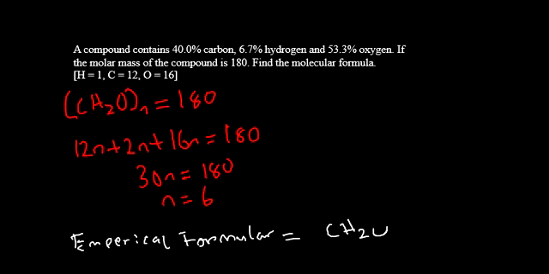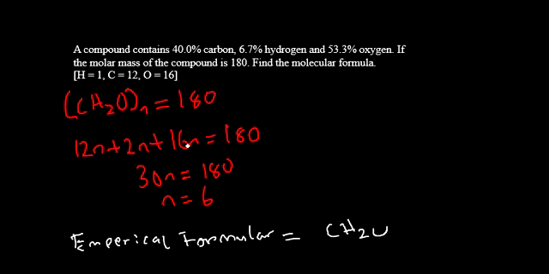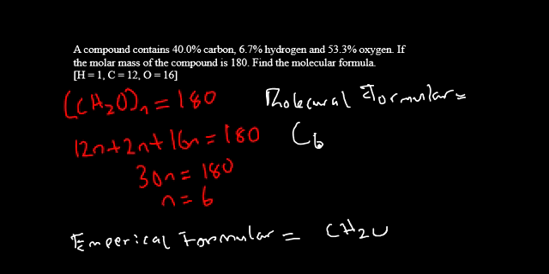Now that we have gotten our N, we will now slot it in. So our molecular formula will now be C. Our N will now be what? 1 times N is N, so that will be C6.